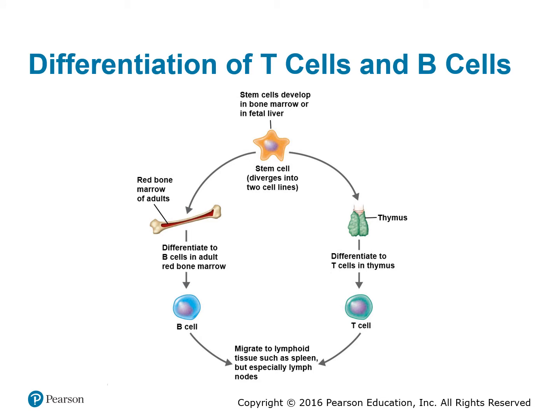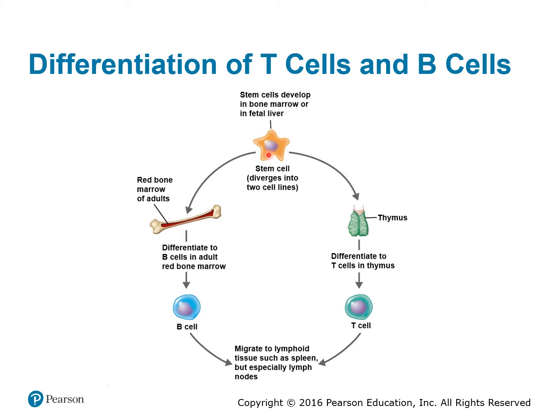So this image shows you that to make those B cells and T cells, it all starts with stem cells that are found in the red bone marrow. Another location of stem cells that can differentiate into B cells and T cells is the fetal liver.